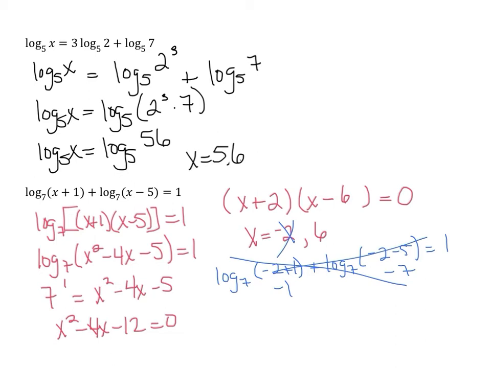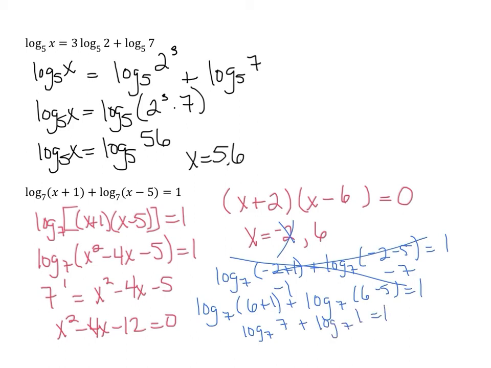I can try it again. Log base 7 of 6 plus 1 plus log base 7 of 6 minus 5 is equal to 1. So that's the log base 7 of 7 plus the log base 7 of 1 is equal to 1. Well, log base 7 of 7 is 1. And we're running out of room, so I'm going to move up here.